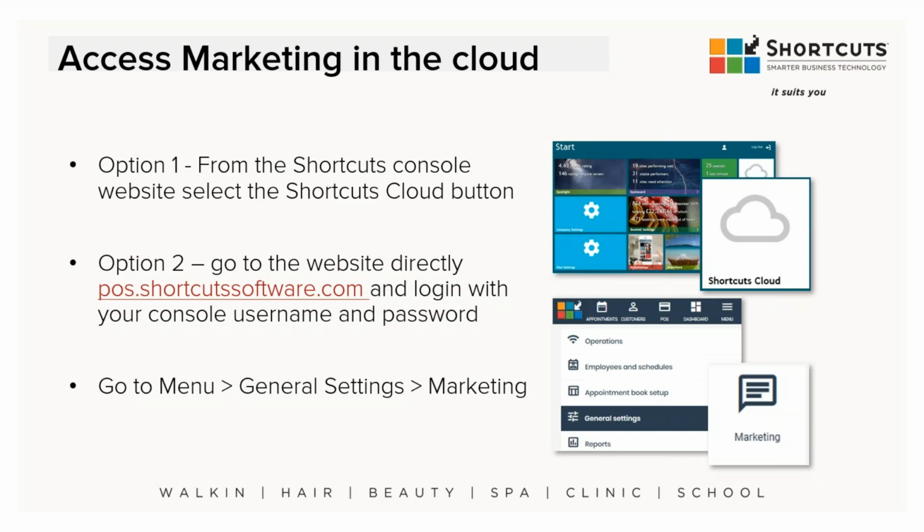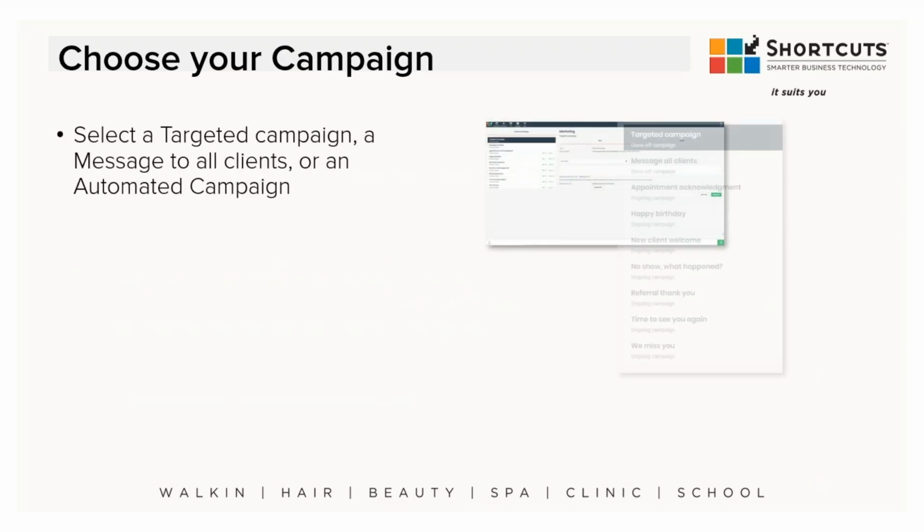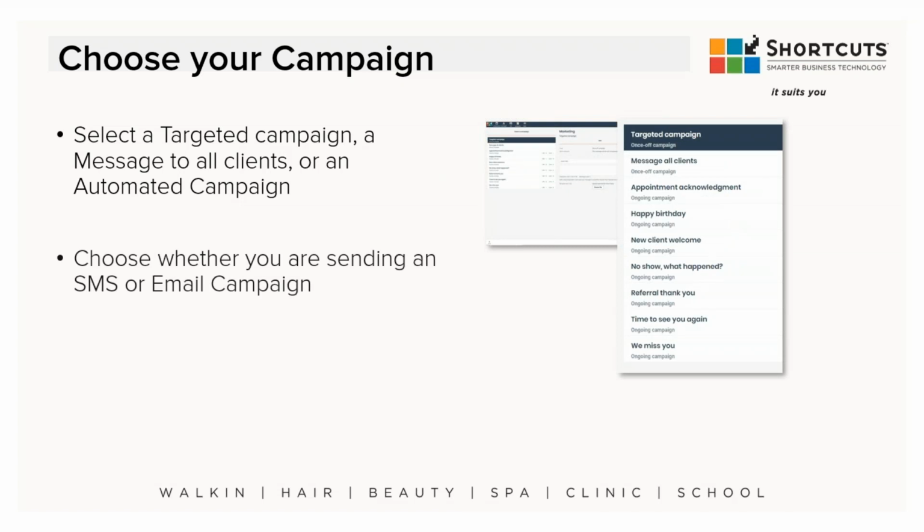So then once you're there, once you go to the marketing button, how do you put together an email or a text for your customers? So you're going to choose what type of campaign you want to send out.